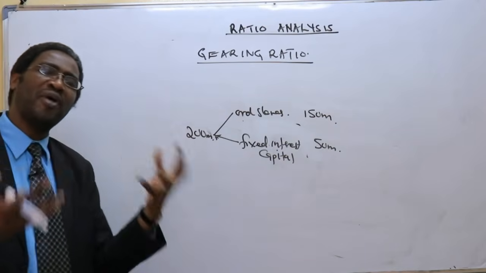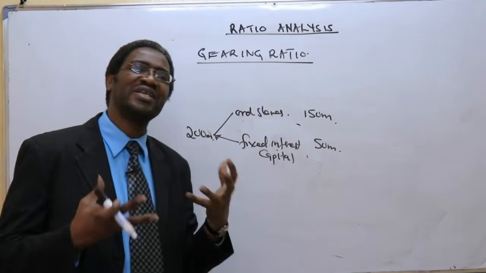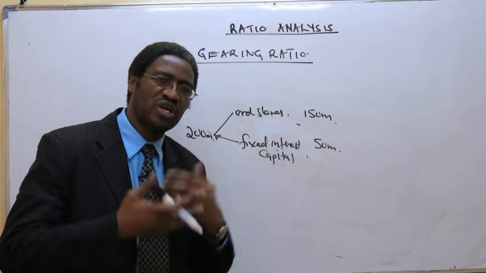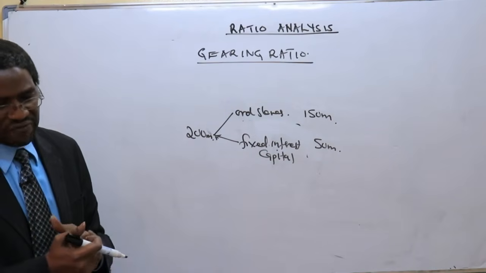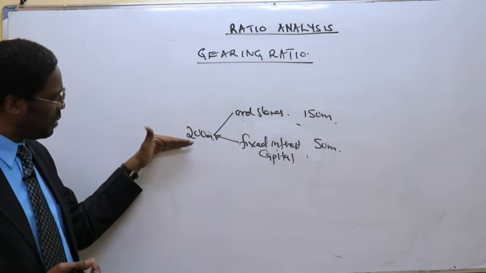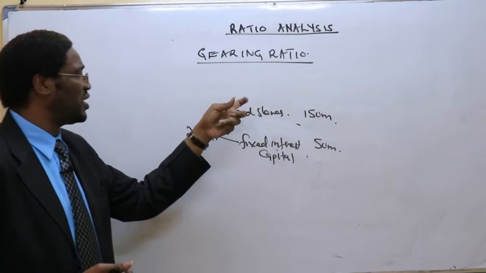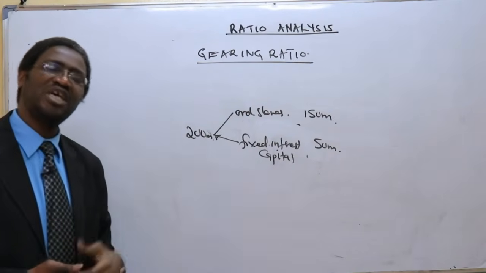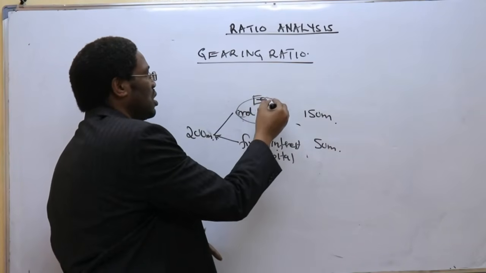When you compare those two sources, what you are doing is calculating gearing. So gearing is a method of finding out how much of the company's capital is provided by the fixed interest capital and how much is provided by the equity capital. We can call this one also equity capital.